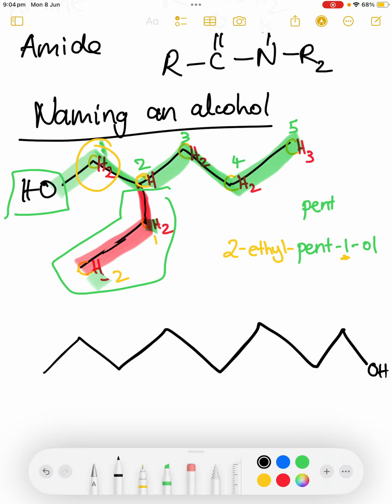All right, now draw in your carbons. 3, 4, 5, 6, 7, 8. All right, and now we will draw in the hydrogens. So that'd be a H2, H2, H2, H2, H2.